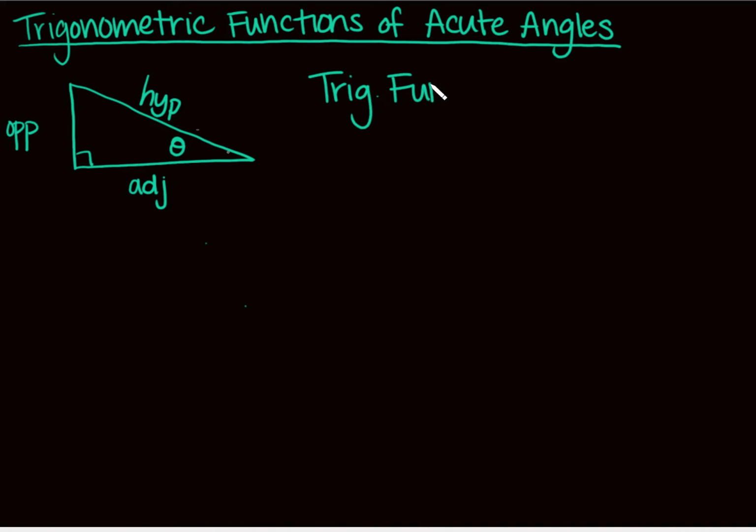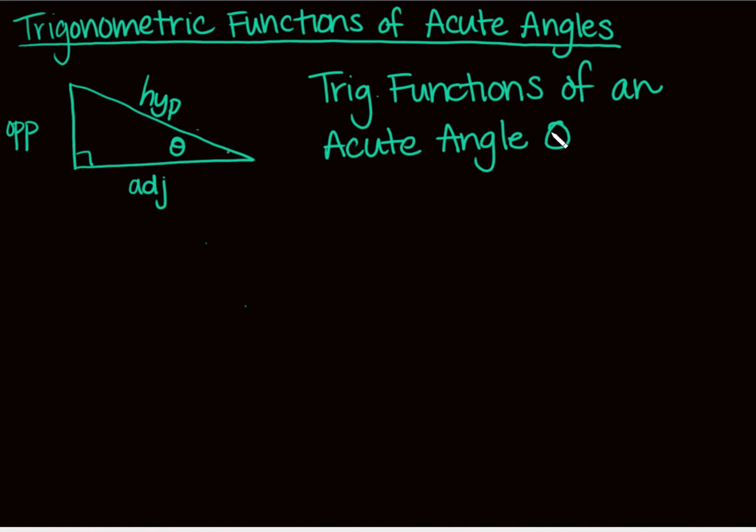I'm lazy enough that I'll say just trig if that works for you. And this is going to be quite important: I'm going to say of an acute angle. Remember, an acute angle is an angle that is between 0 and 90 degrees.